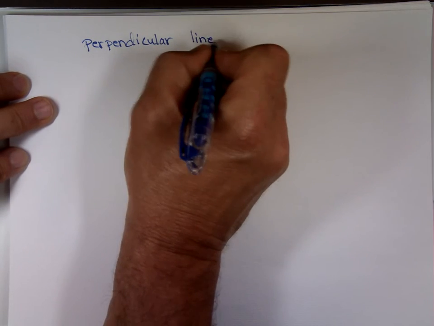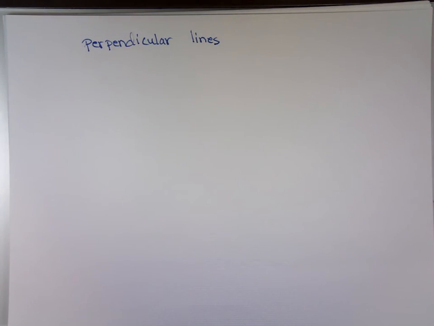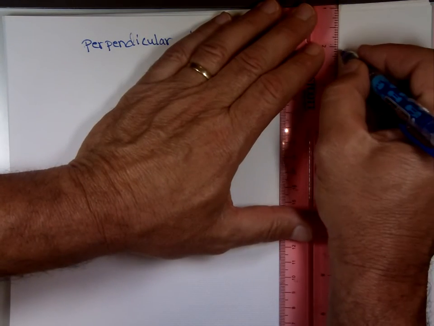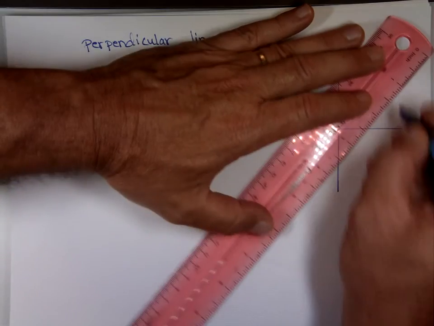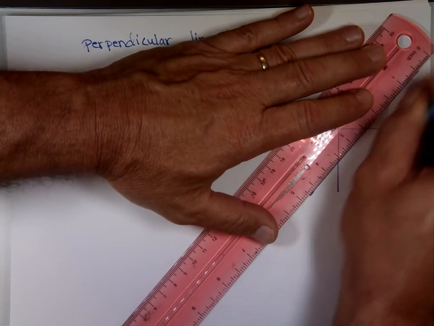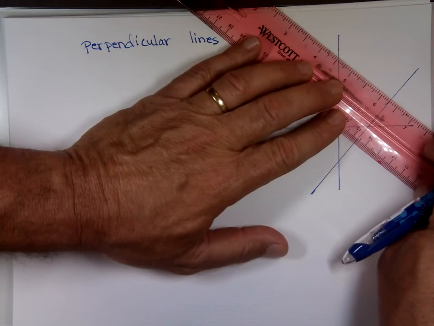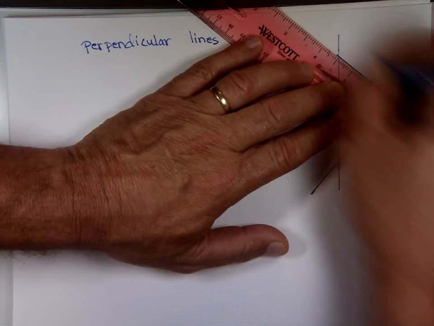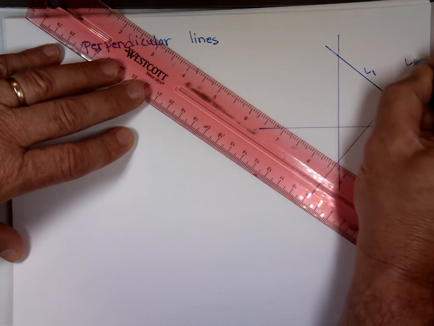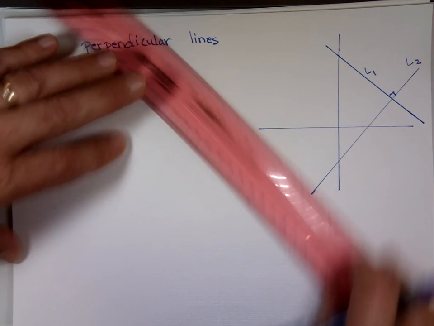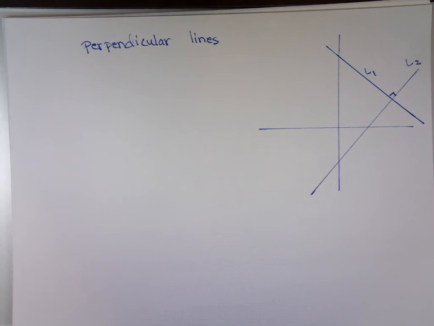Why? Because perpendicular lines cross each other, and they cross at 90 degrees. This is line 1, this is line 2. Their slopes are not the same.